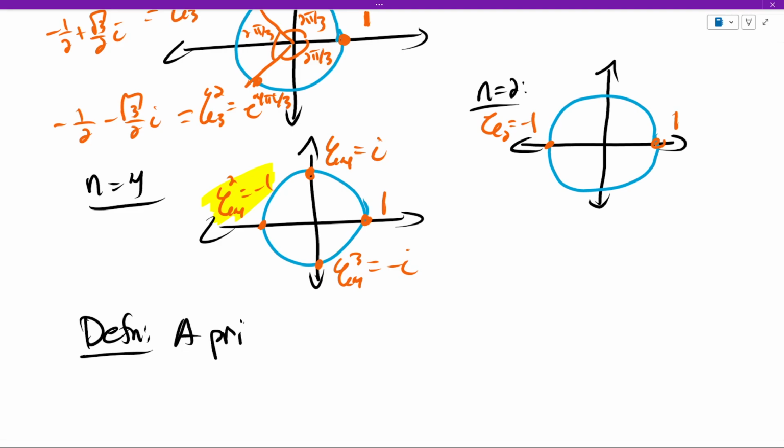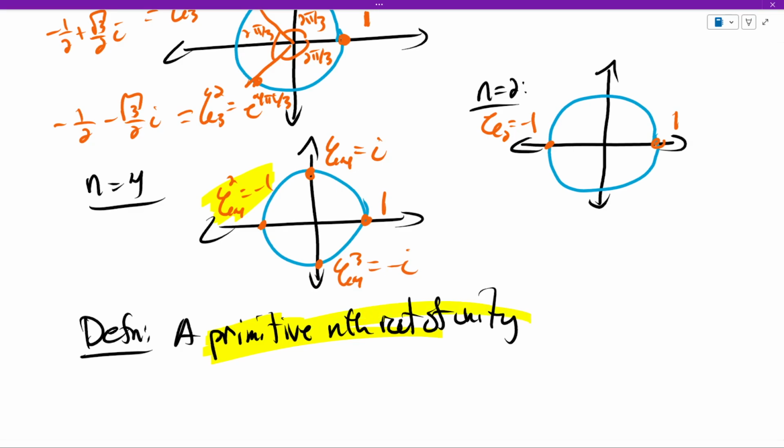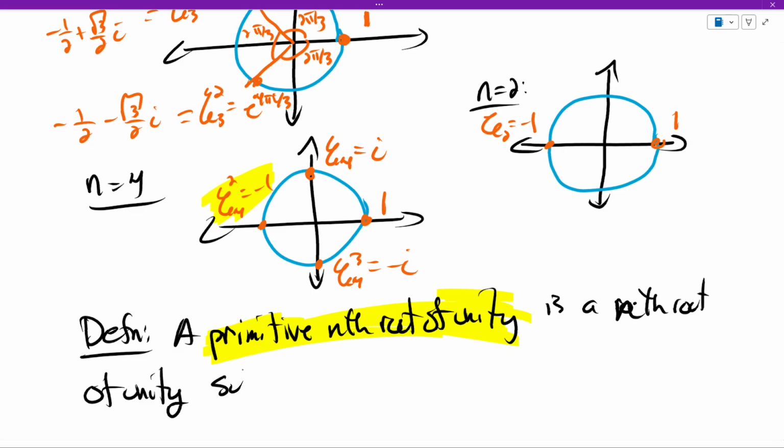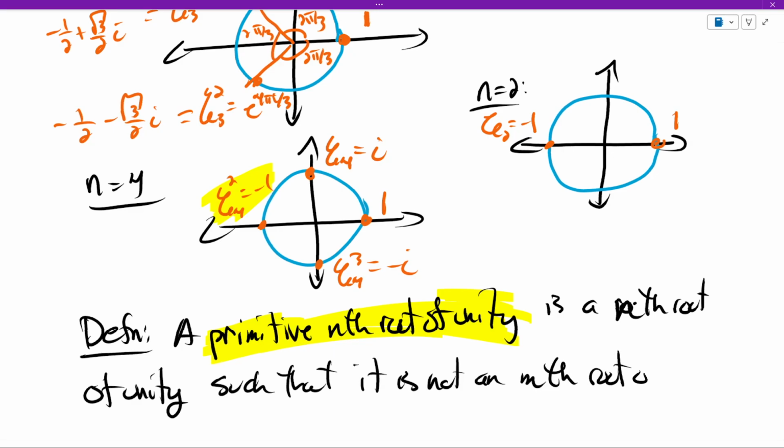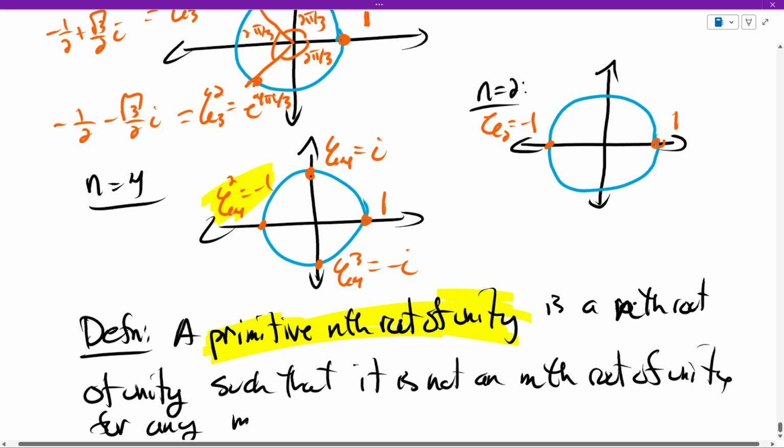So this gives us a definition. A primitive nth root of unity is an nth root of unity, so one of these powers of the standard zeta, such that it is not an mth root of unity for any m less than n.